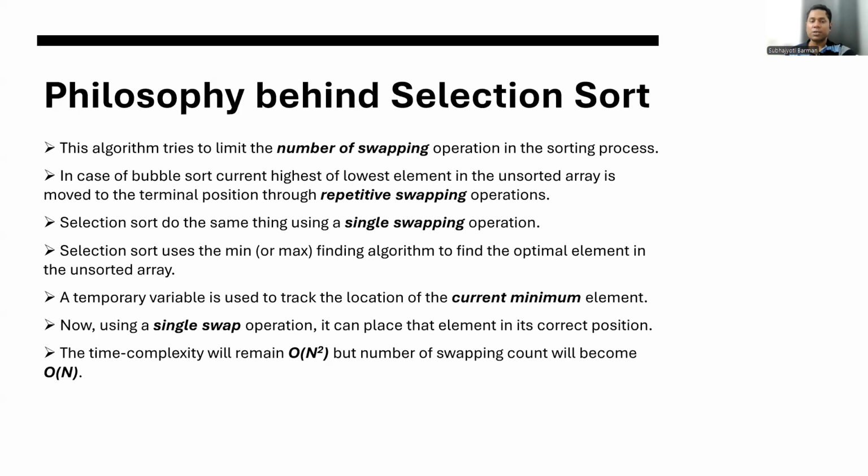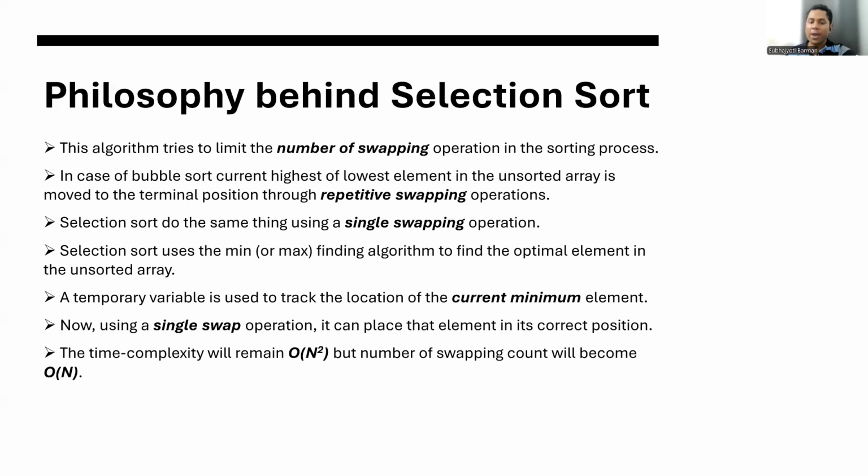So due to this reason, the actual time complexity of the algorithm will remain order of n squared. But the swapping count will get reduced significantly. Actually, the number of swaps required for this algorithm is bounded by order of n. That means if I have n elements within my unsorted data, in the worst case we have to perform n minus 1 swaps.